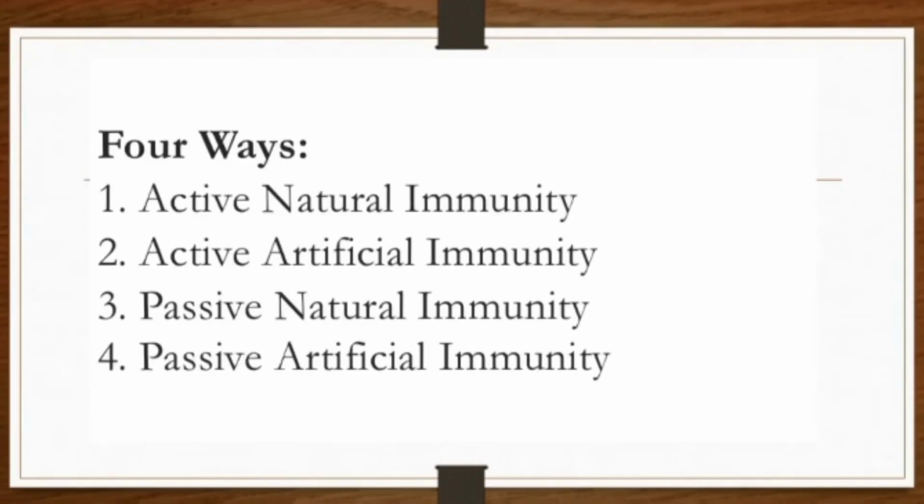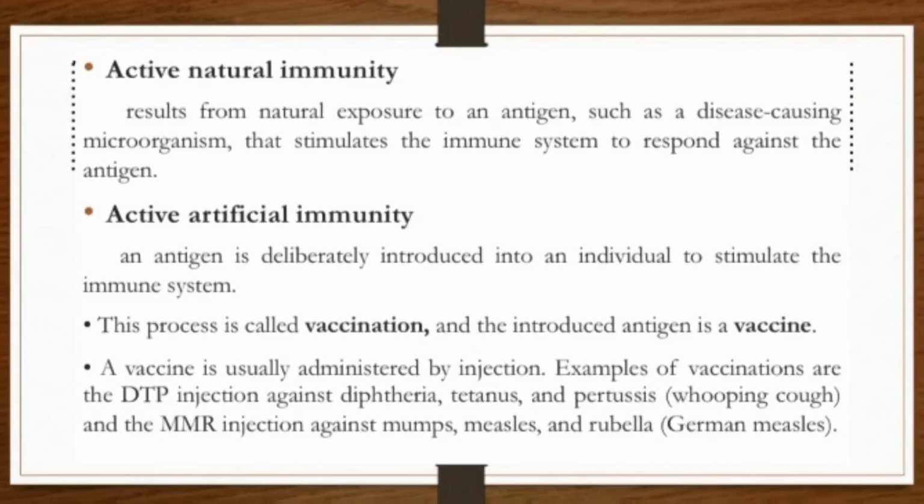There are four ways in acquired immunity: active natural immunity, active artificial immunity, passive natural immunity, and passive artificial immunity. Active natural immunity results from natural exposure to an antigen, such as a disease-causing microorganism that stimulates the immune system to respond against the antigen.